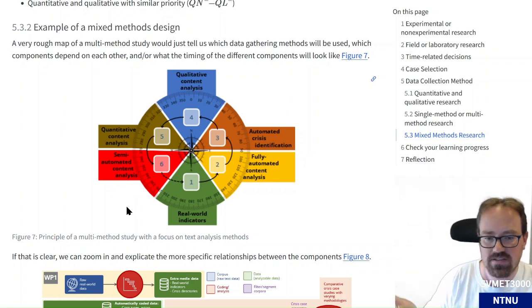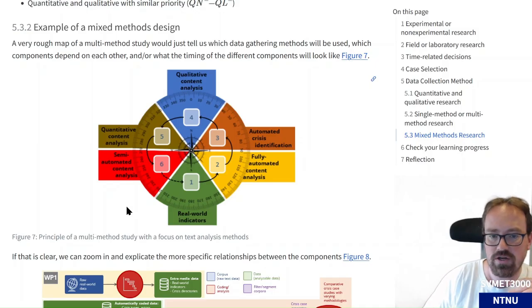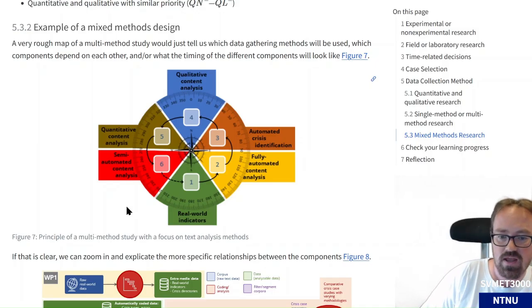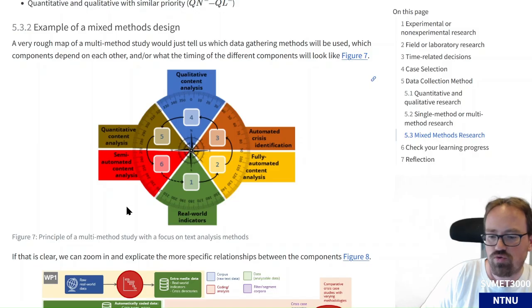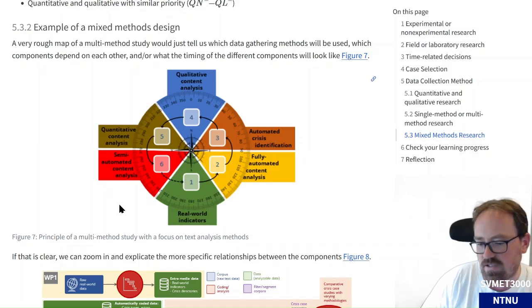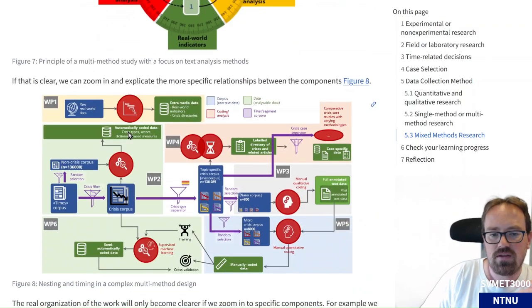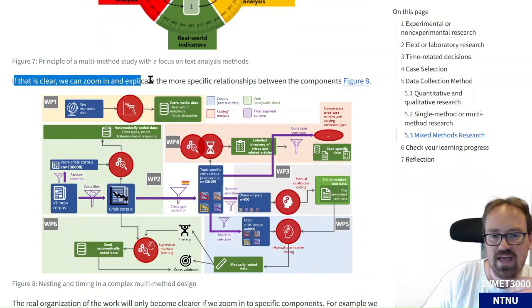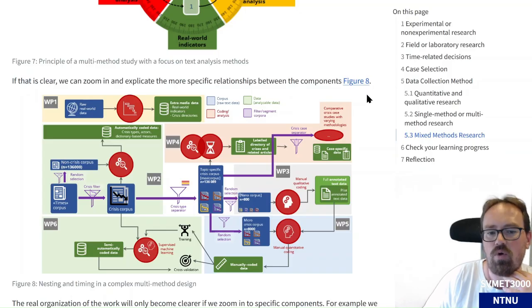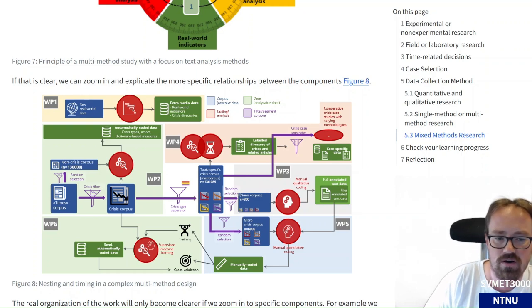Okay, so that's the basic setup of this quite complicated multi-method study. And to show that it's really a multi-method study and not like several studies you could just do separately, this graphic shows how exactly these different components work together and how the later components depend on the earlier components.